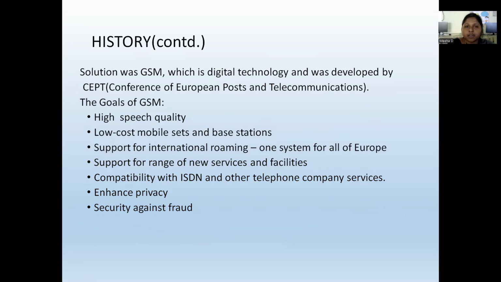It started in European countries: one system for all of Europe, support for a range of new services and facilities, compatibility with ISDN and other telephone company services, enhanced privacy, and security against fraud. Considering all these goals, GSM is called a second generation system.